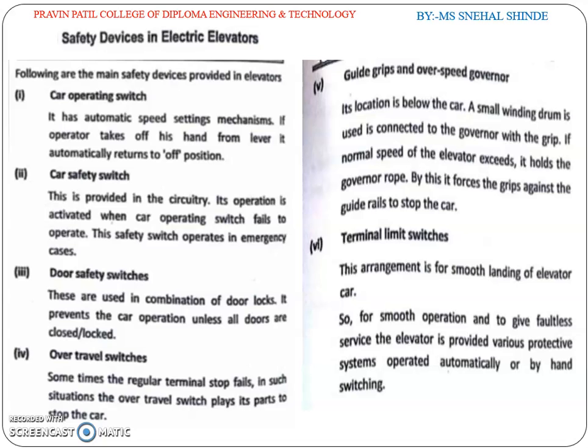So for smooth operation and to give faultless service, the elevator is provided with various protective systems operated automatically or by hand switching. The protective devices are mainline service switch and fuses.